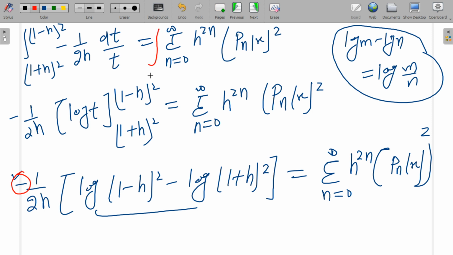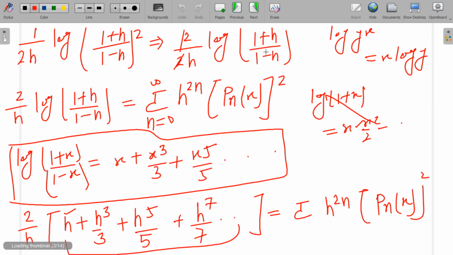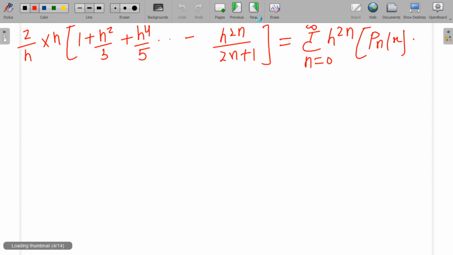This is integration from minus 1 to 1, and this is integration of minus 1 to 1. This is also integration minus 1 to 1. The right hand side is integration minus 1 to 1 into dx, you know very well.